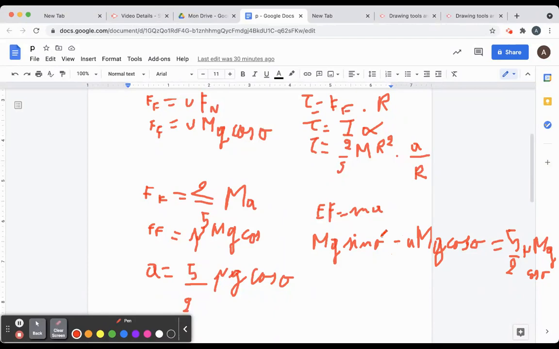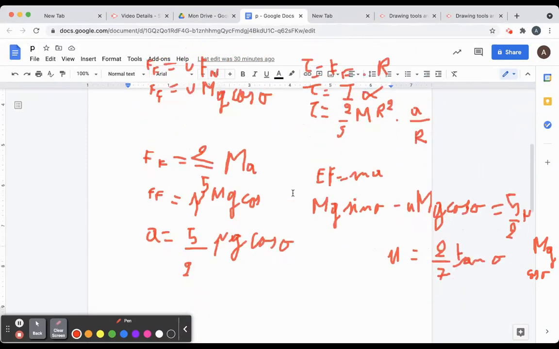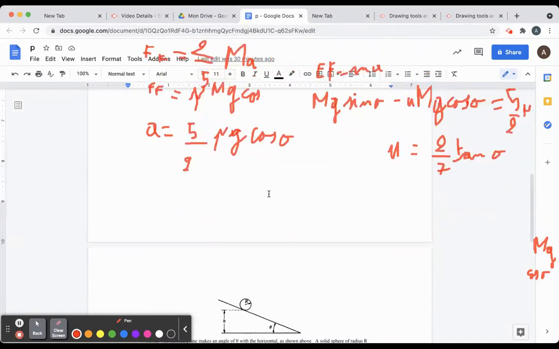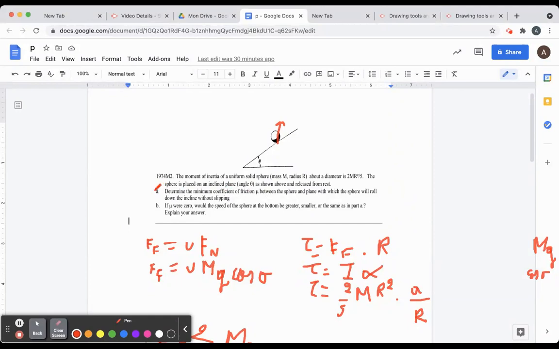And by doing some math, we'll find the final value of u, which is u is equal to 2/7 tangent of theta. I apologize if I don't show the math, since I used a lot of space and I didn't have room to show it to you. So this is the first question A.